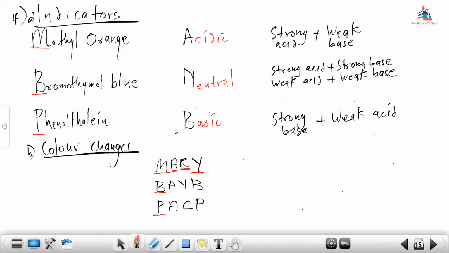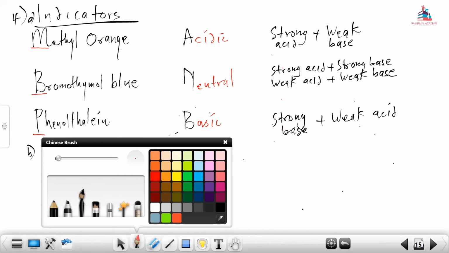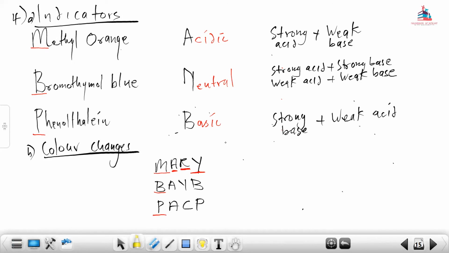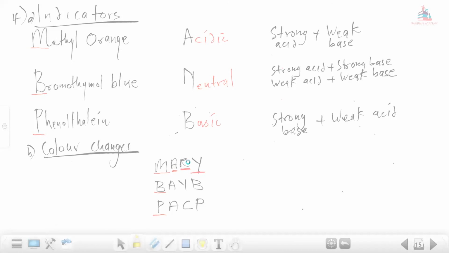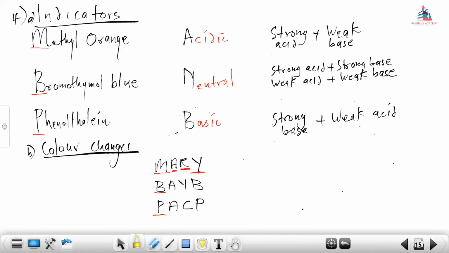So let me highlight this information. If I am using methyl orange, the M for methyl orange, the A for acidic, the solution will be red. But if I use methyl orange in a basic solution, it will now change to yellow.